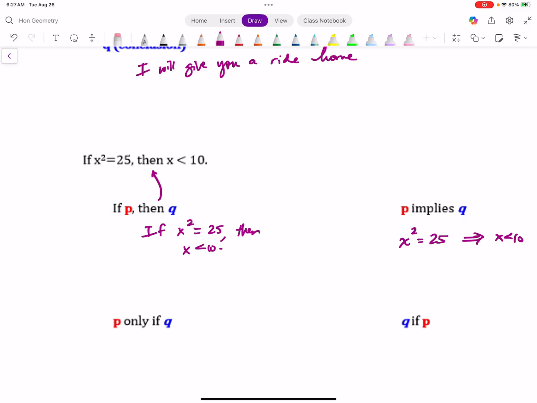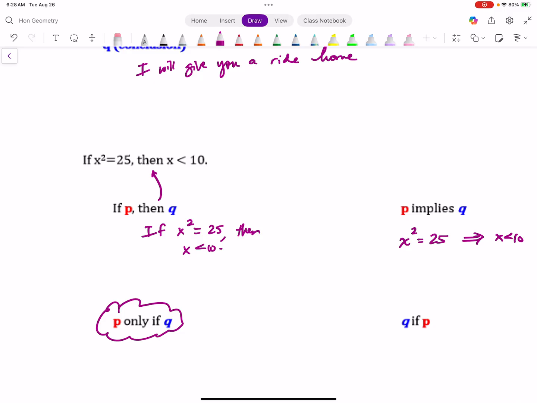This one, I hate this one. I really do. I'd never use it. I think it's confusing. So it'd be like x squared equals 25 only if x is less than 10. But like I said, I think that one's worthless. I think people have to think about this way too much.